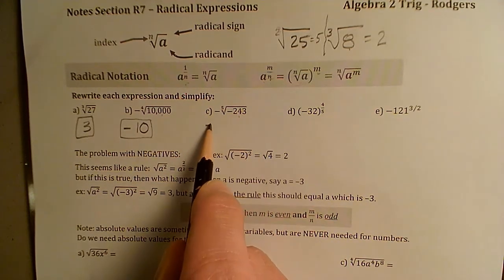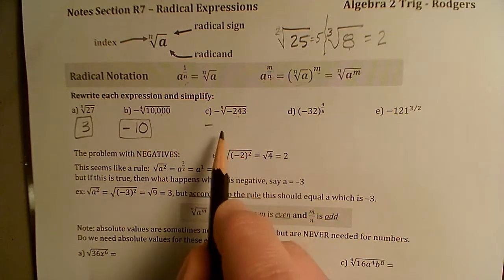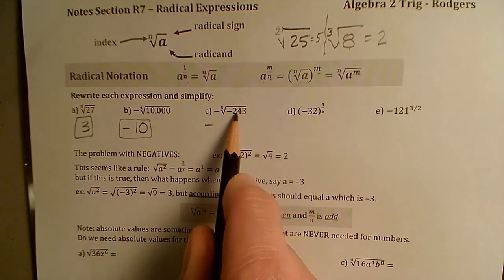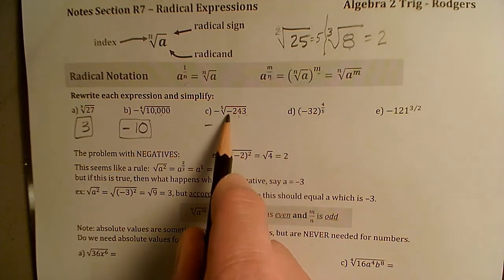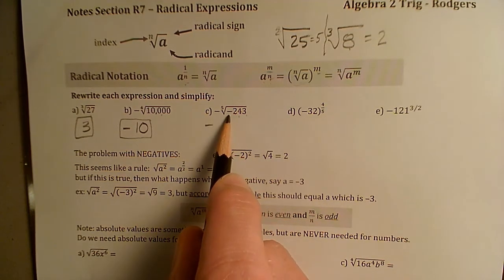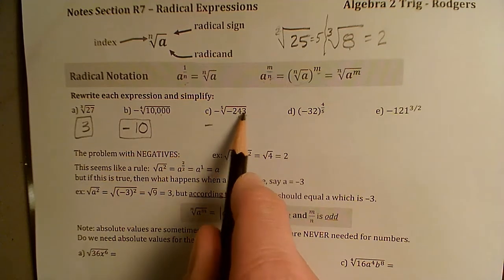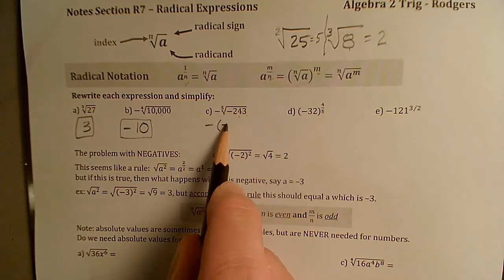So we have a negative out in front again, and we take the fifth root. The fifth root of 243 is 3, and so the fifth root of negative 243 is negative 3.